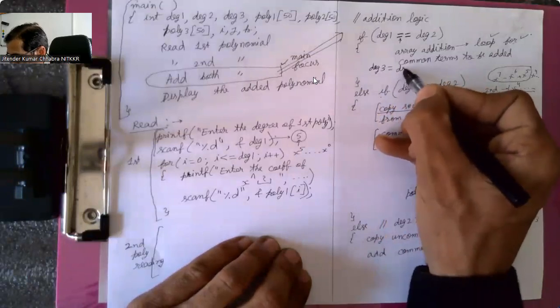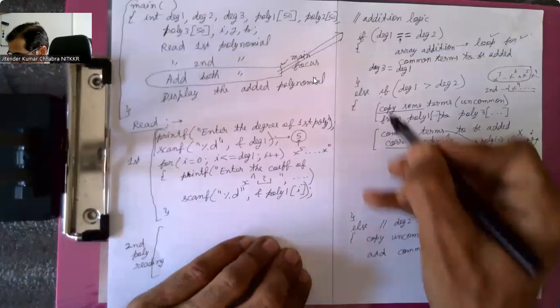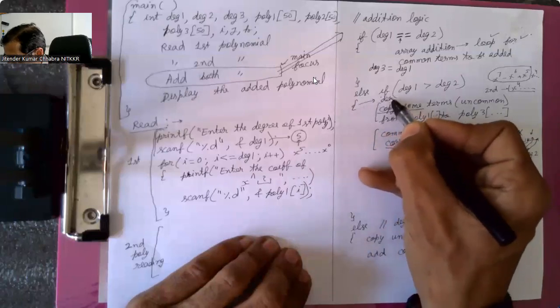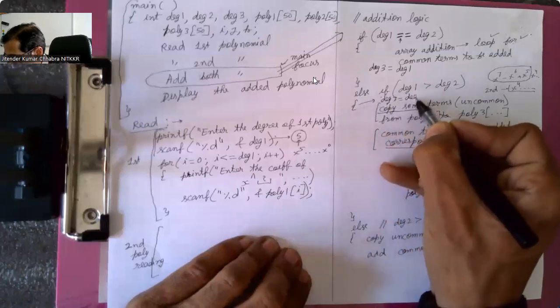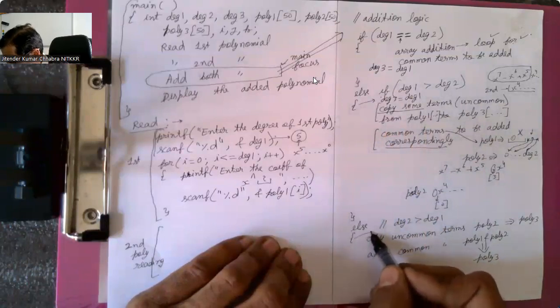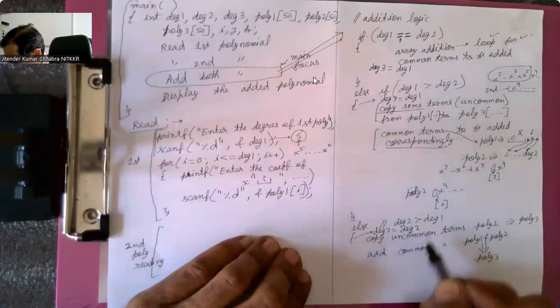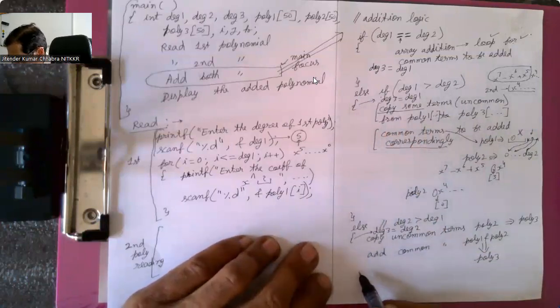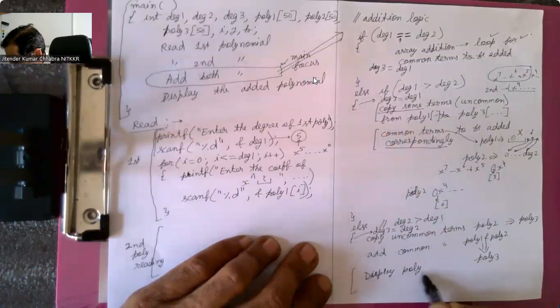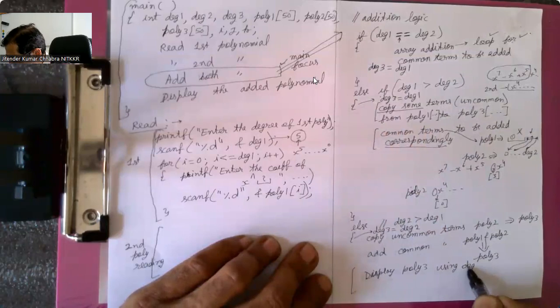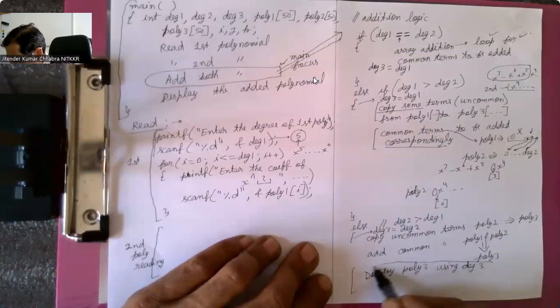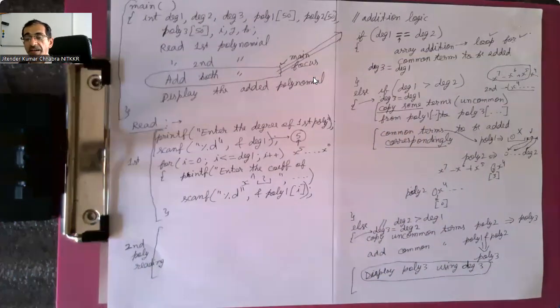So maybe here I can say degree 3 equal to degree 1, because degree 1 is greater. In the third case, my degree will be nothing but equal to degree 2. And then once I know this, I can display the third or added polynomial, polynomial 3, using degree 3. So that will be the target which I will make.